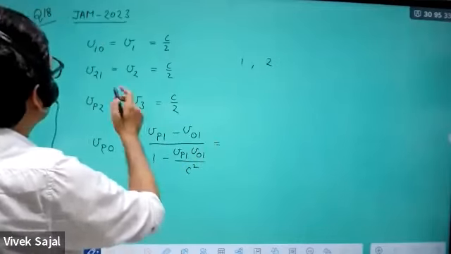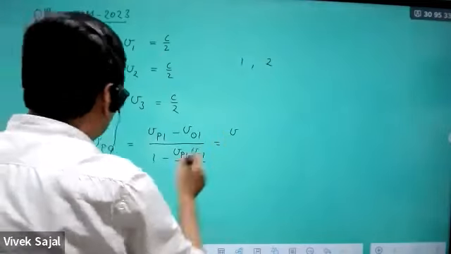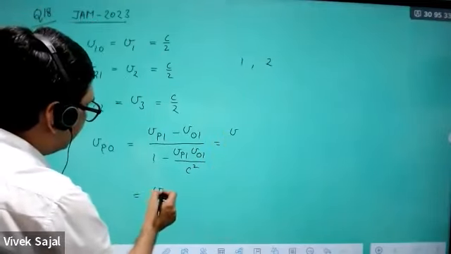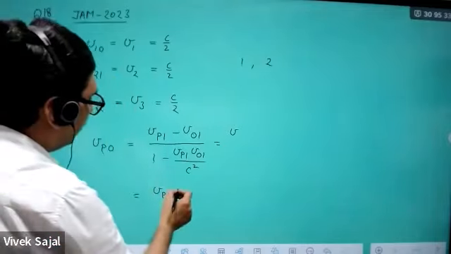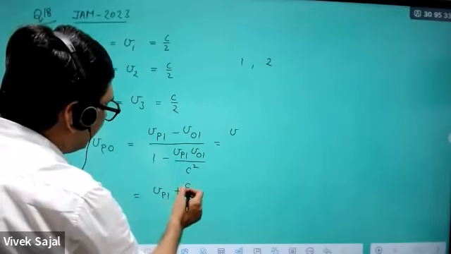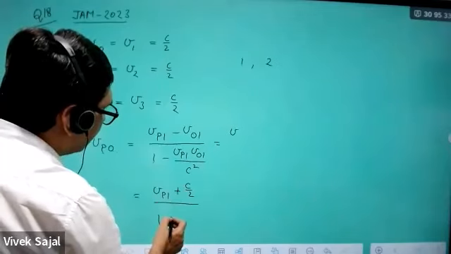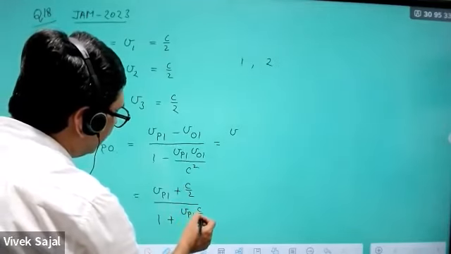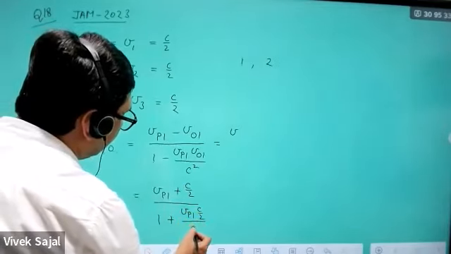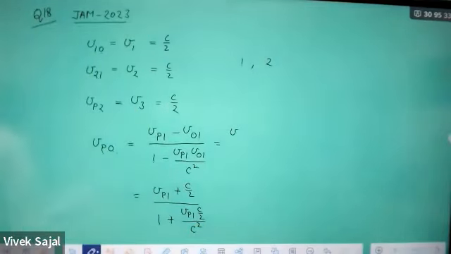Now P1, what is it? If you look here, you don't have P1. So I will write VP1 minus V01, and V01 is minus c/2. So this will be VP1 plus c/2, divided by 1 plus VP1 c/2.